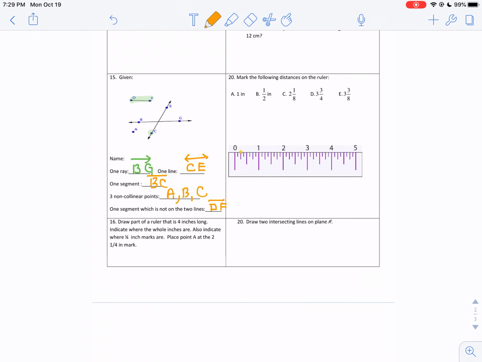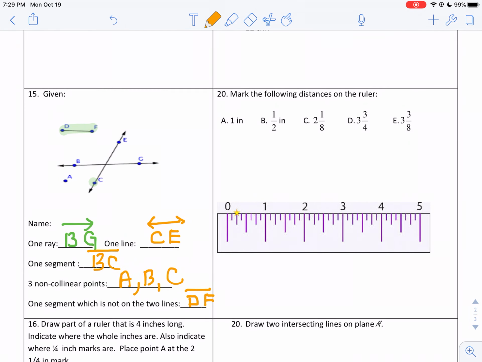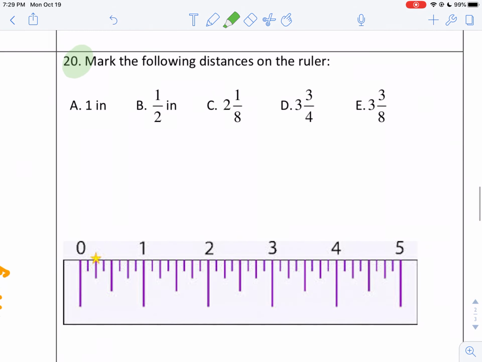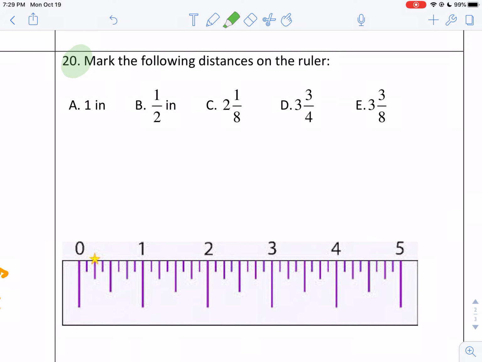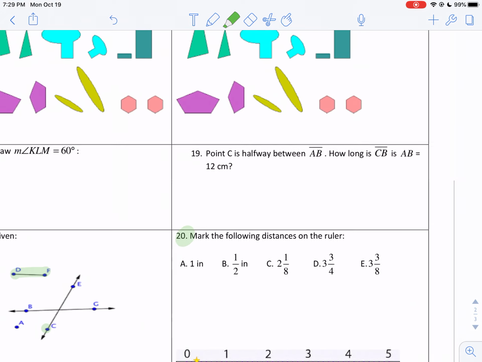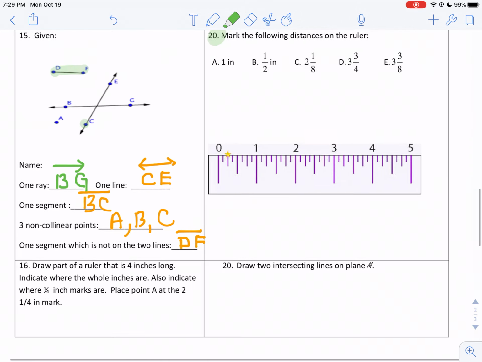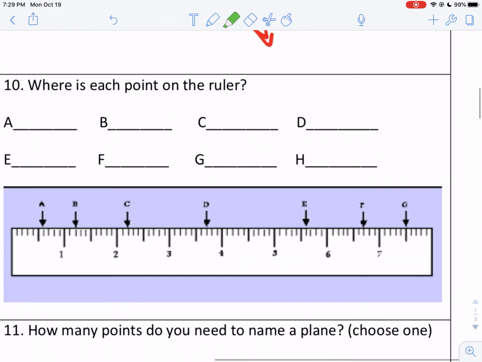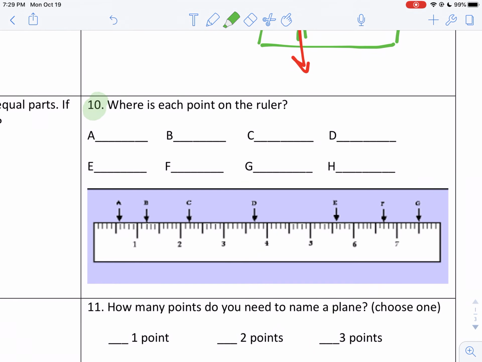All right, I think that you should be able to do everything else except this number here, when it says mark the following distances on the ruler, and this is in inches, and then there is one in number 10 here. This one here is in centimeters.